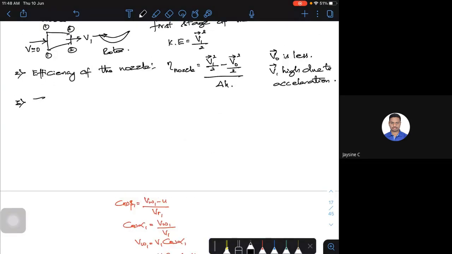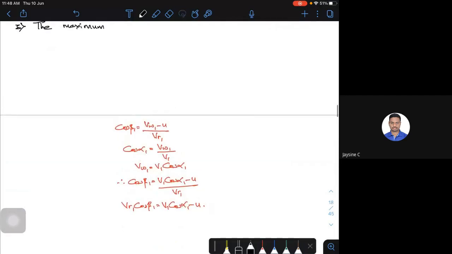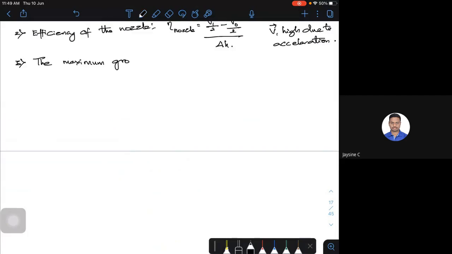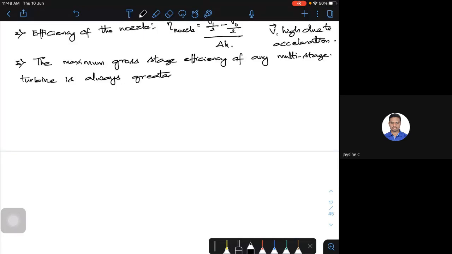The maximum gross stage efficiency of a multi-stage turbine is always greater than that of a single stage turbine.